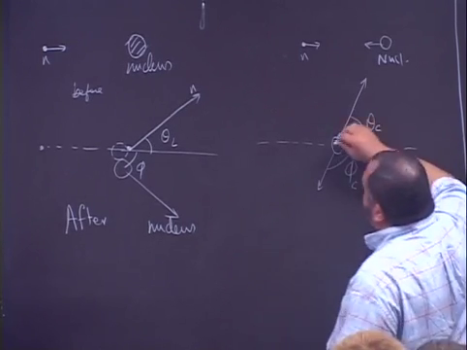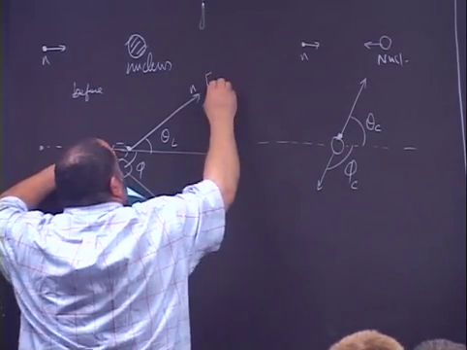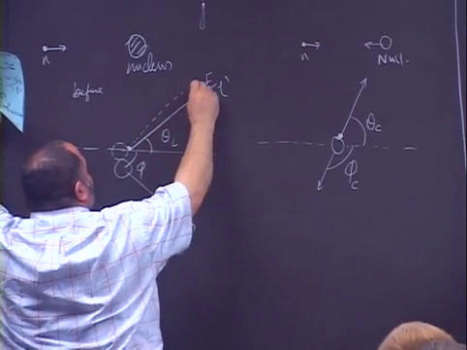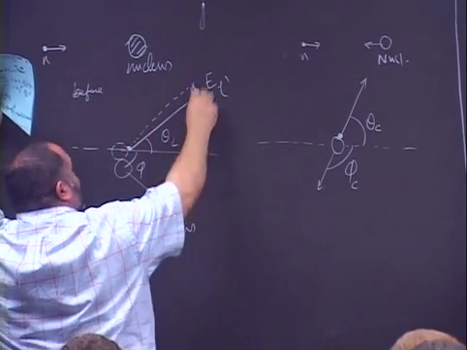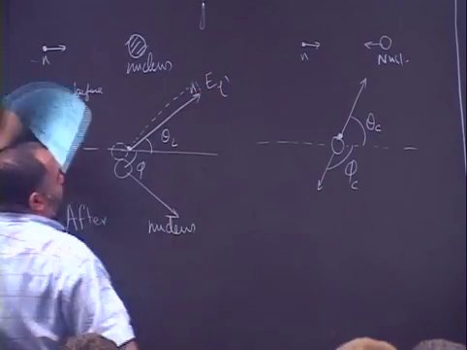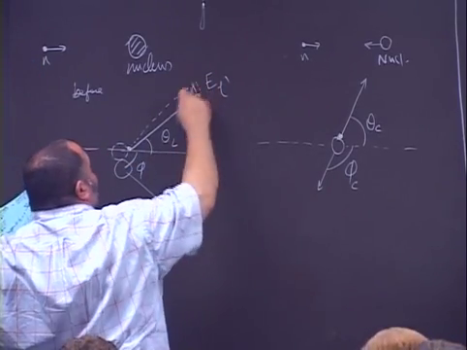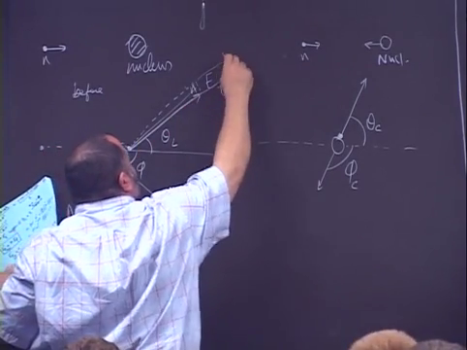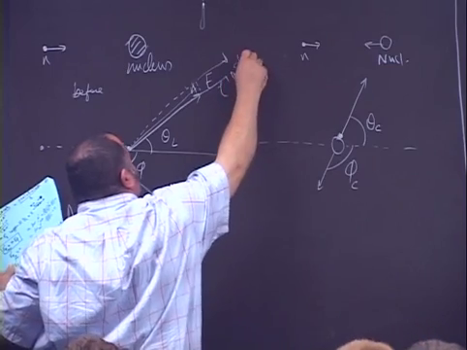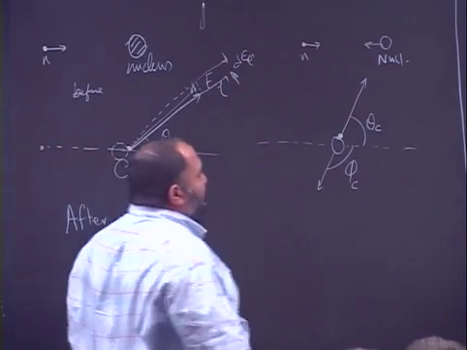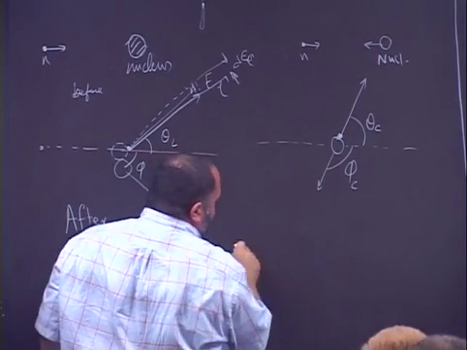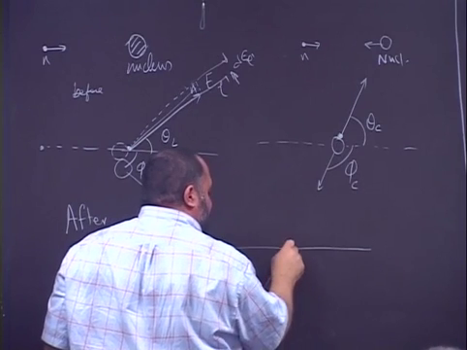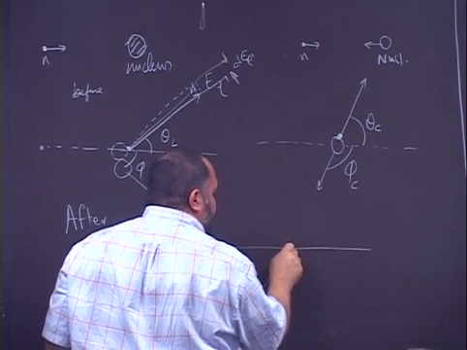Let's assume that this is the energy E_L prime, and that the neutron will get out within this delta E_L prime. So it is exactly the same. Here in the center of mass is the recoiled nucleus, and here is the neutron going out.